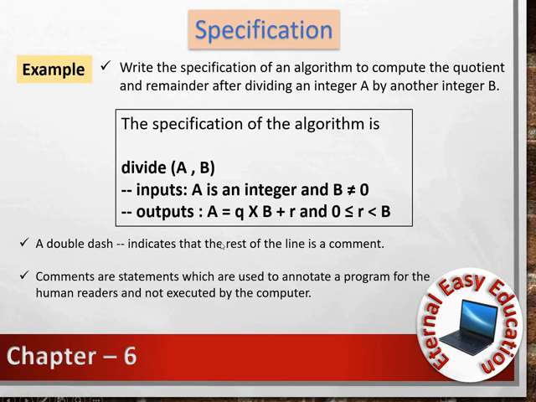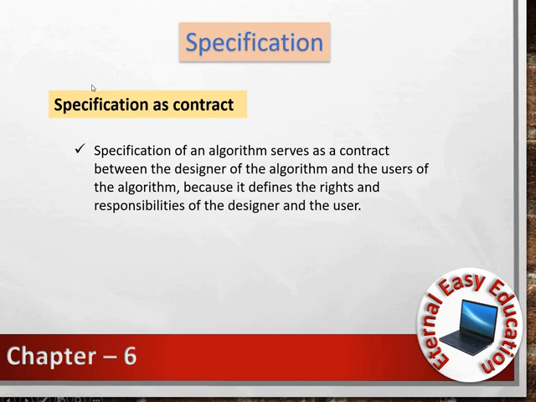So you have learned the 4 algorithm designing techniques, and one in detail, specification. Then specification as contract. That means the specification of an algorithm serves as a contract between the designer of the algorithm and the users of the algorithm. So we must know who is the designer and who is the user.